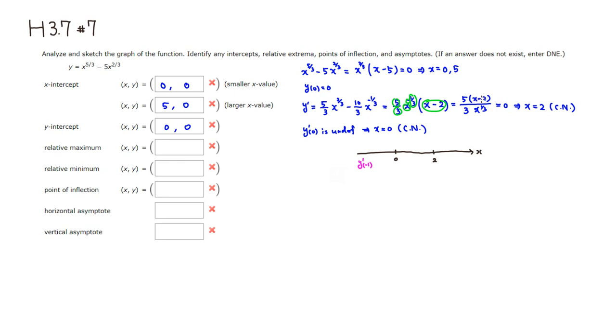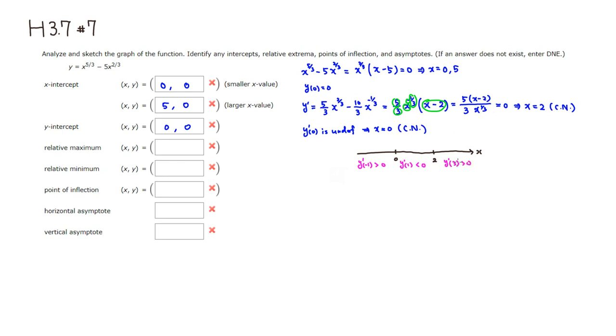If you plug in negative 1, the bottom is negative, and negative 1 minus 2 is negative. Negative divided by negative is positive. For y prime of 1, we have 1 minus 2, which is negative, so it's negative. Then y prime of, say, 3: 3 minus 2 is positive, so everything is positive.